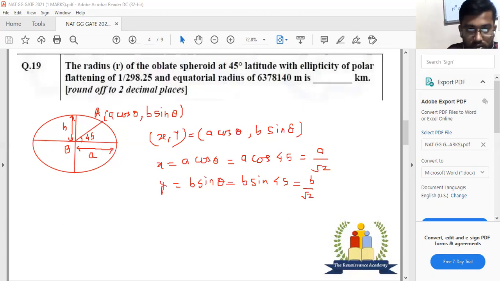See here, this is your r actually. Now we have A, and polar flattening is given. So value of A is 6378140 meter.